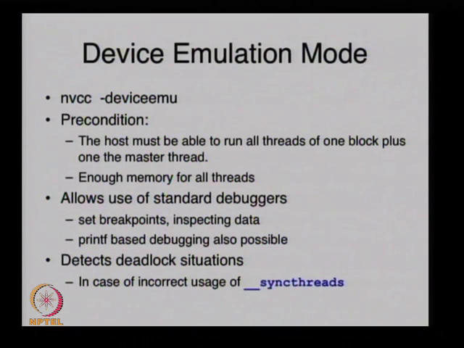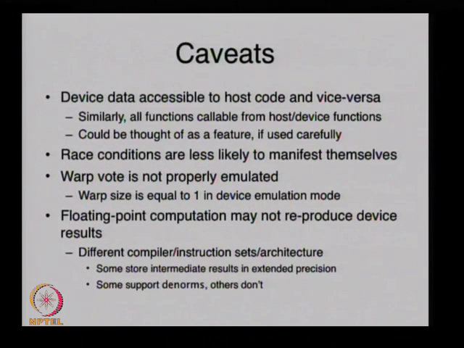You can use regular GDB, not CUDA GDB, to debug this. But again, you have to be careful about some of the caveats. Race conditions are, unless you have designed it very carefully, normally there in a parallel program, and so they will probably not get caught if you're running in the emulation mode.